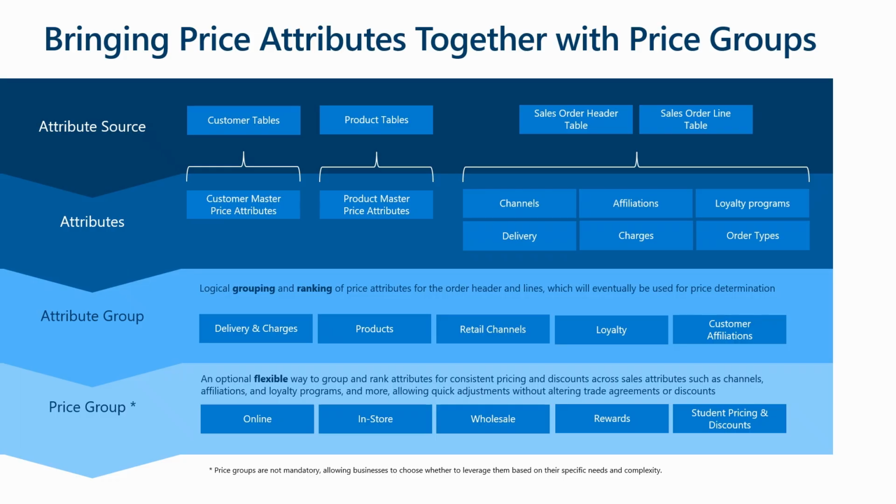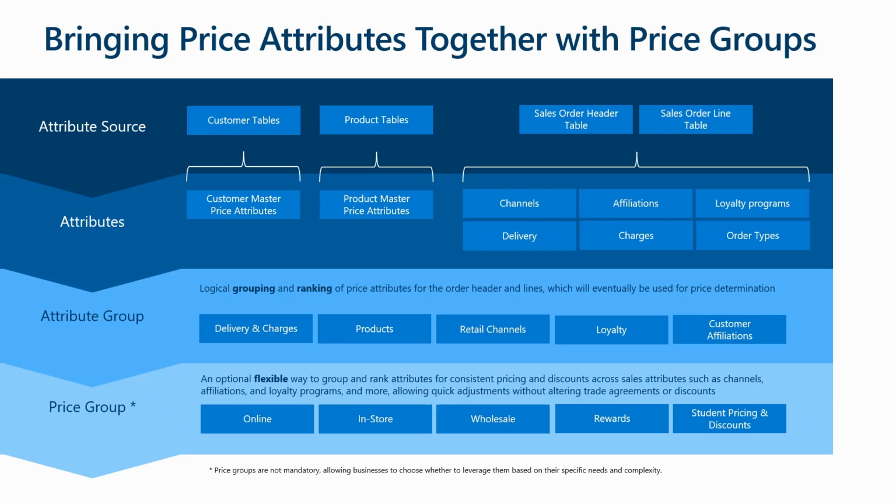Now, let's talk about price groups. Price groups are an optional but incredibly flexible tool that allows you to go one step further by grouping attribute values and assigning them all from the same screen. For instance, you can group all channels in a specific region together and apply pricing rules or discounts to them.